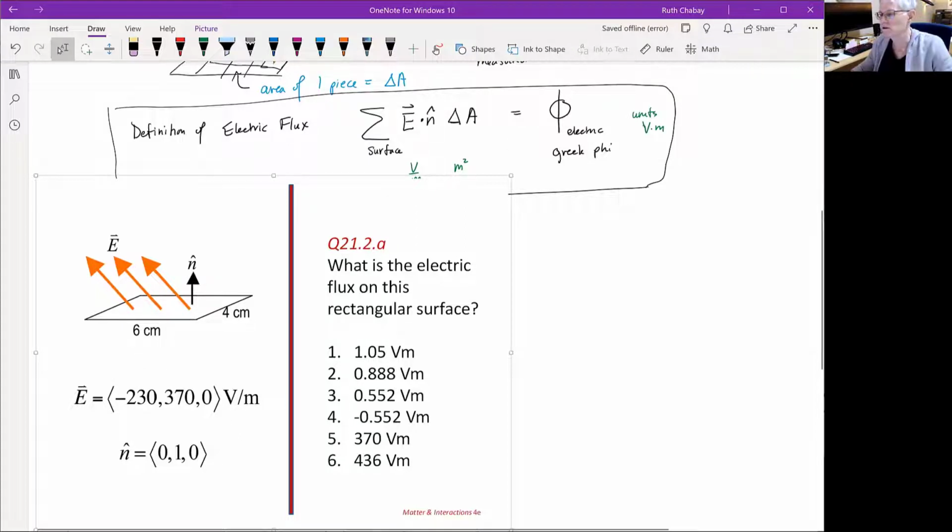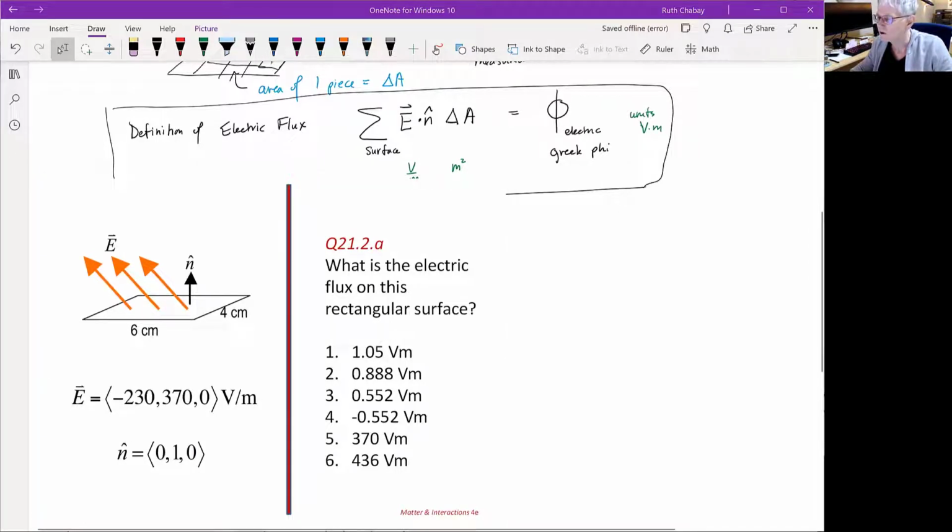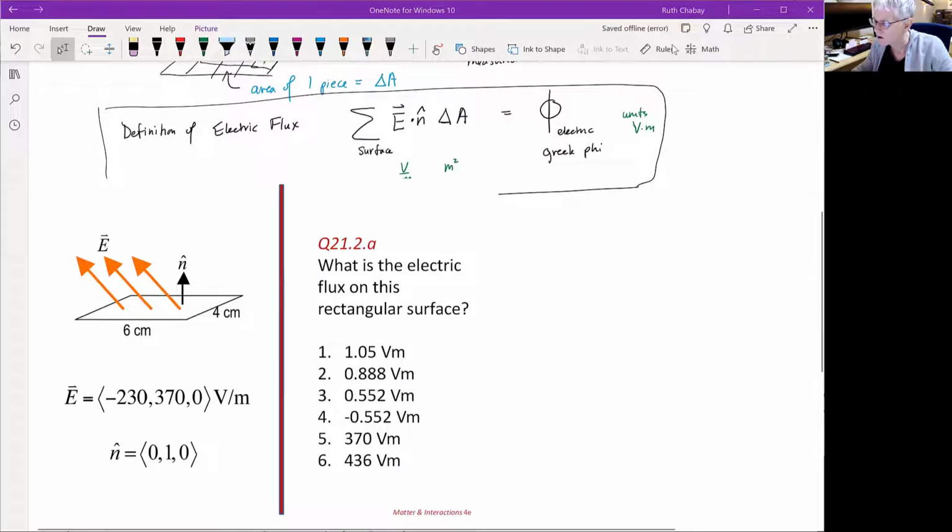N hat is in the plus y direction. So what is the electric flux on this surface? You are going to actually have to be able to do this, so it would be a good idea to do it now.